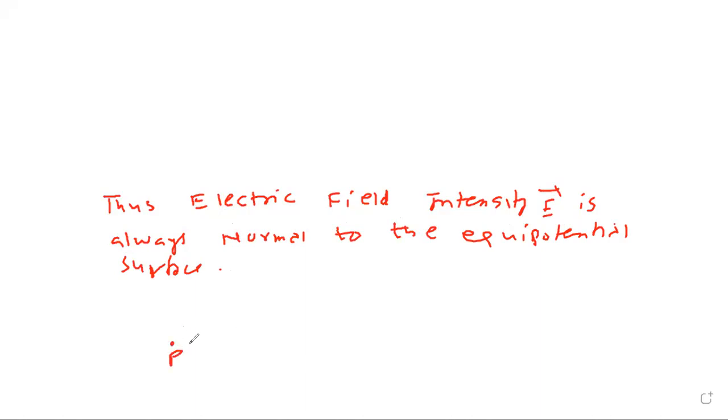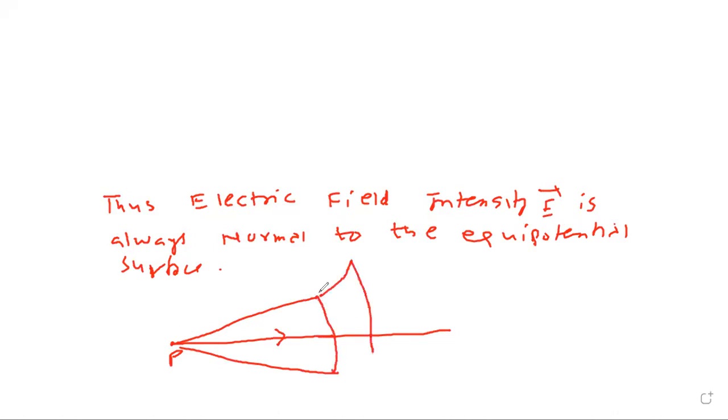So if this is a point P, this is the field passing from charge Q, and this is one surface which is an equipotential surface. This arrow indicates here we have a positive charge, and this surface is supposedly an equipotential surface.